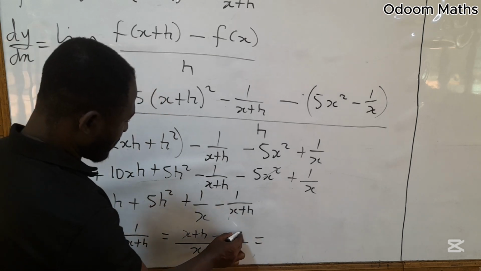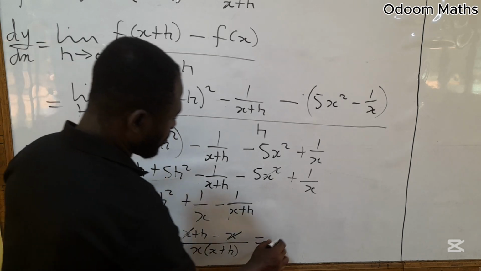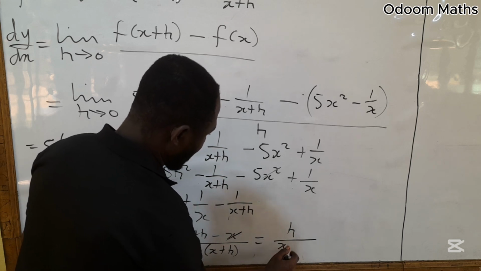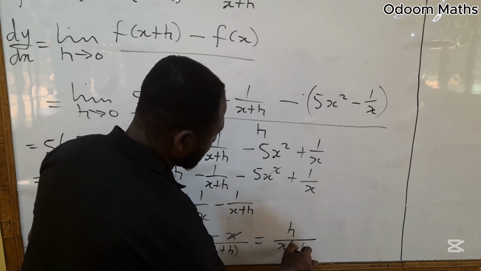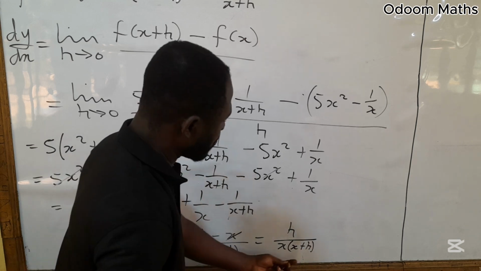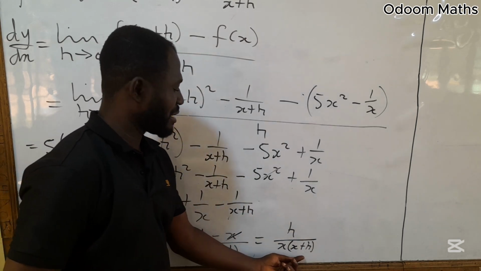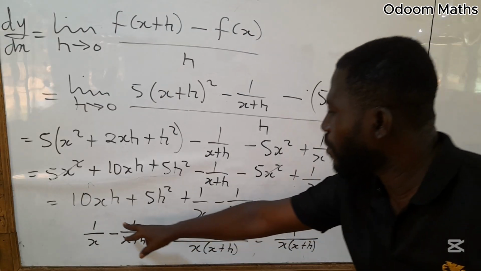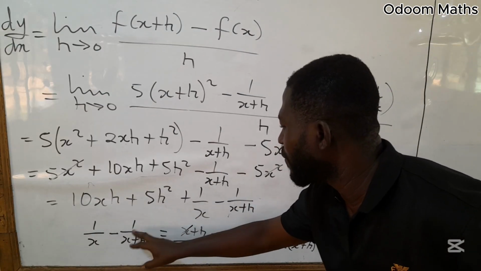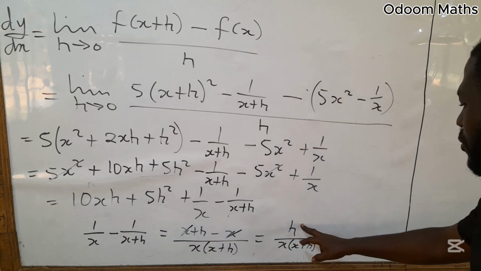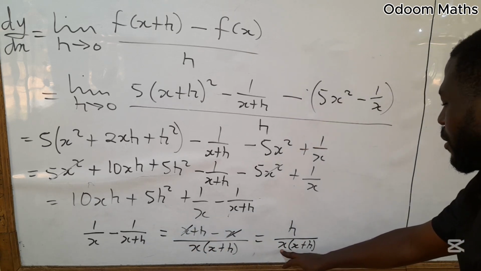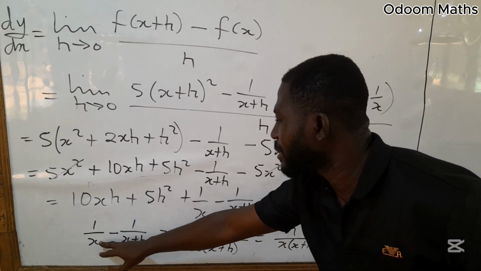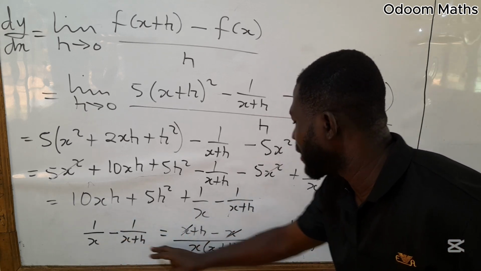So we have this and this being off, and we have h over x into brackets x plus h. Don't worry about expanding this one; you can leave it and continue with it later. So here, my 1 over x minus 1 over x plus h has given me h over x into brackets x plus h.